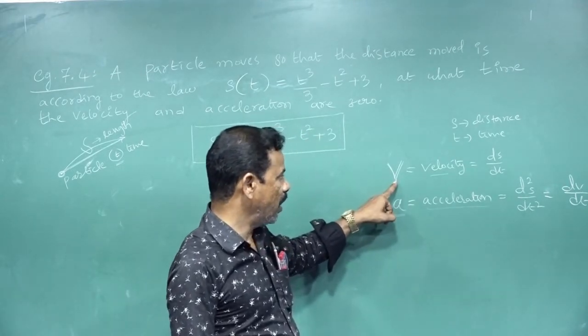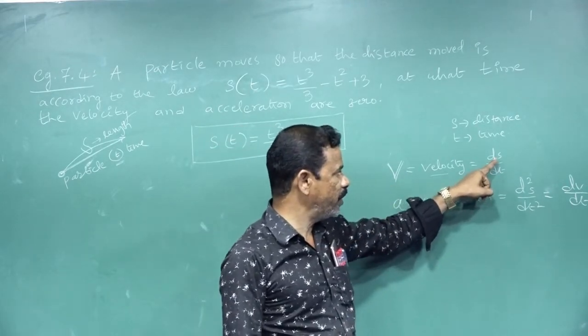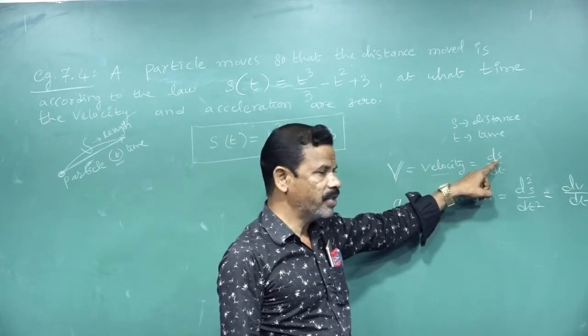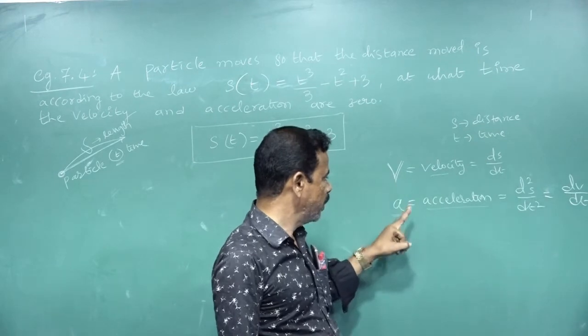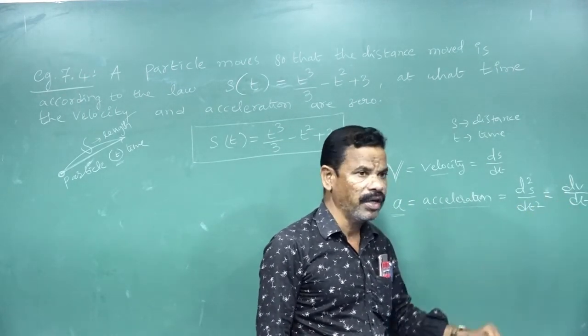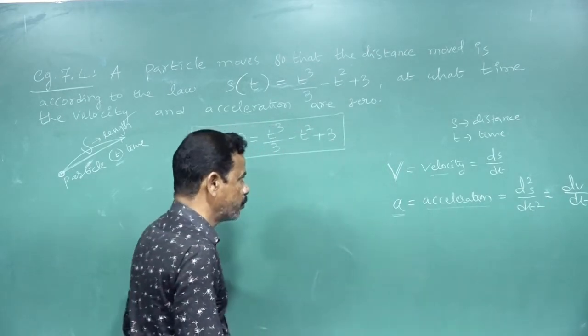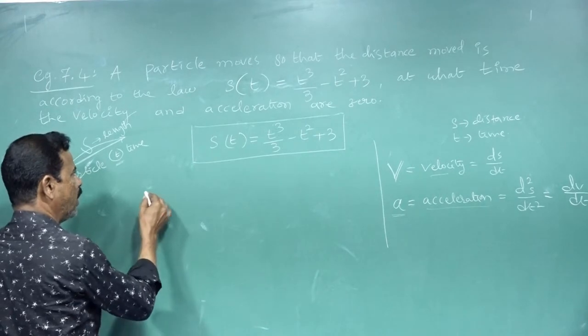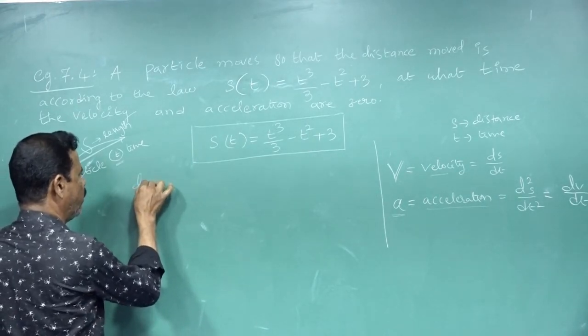Here, velocity is the rate of change of distance. The rate of change of distance is called velocity. The rate of change of velocity is called acceleration. So, according to this, first we find the first derivative.